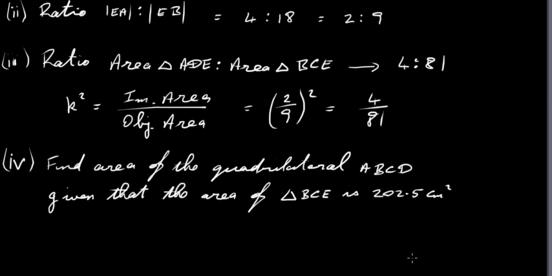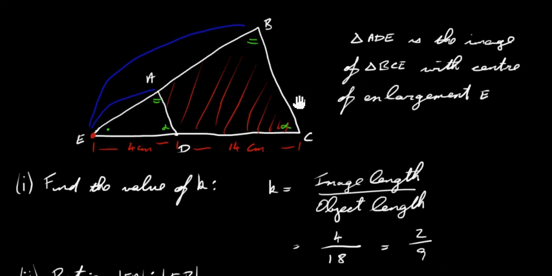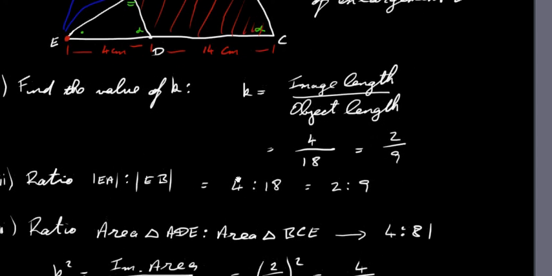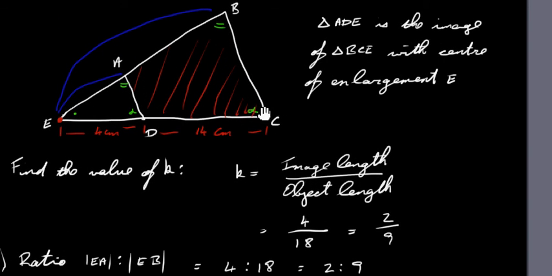Remember BCE is the object area, and we want to find the area of this quadrilateral here.